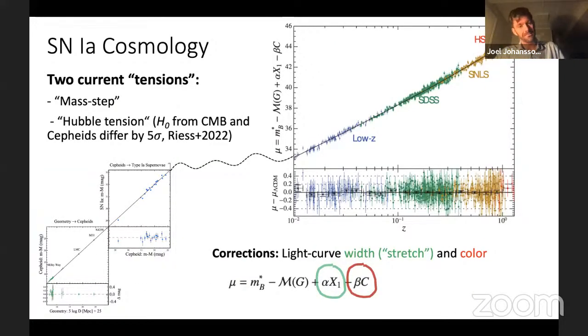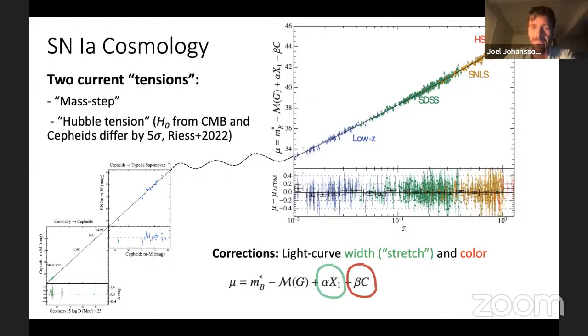Okay, so then we observe a bunch of supernovae and we find them at different redshifts, and we measure their corrected distance modulus from the supernova. This is what we call a Hubble diagram. In this upper right figure, it's not the latest state-of-the-art Hubble diagram, but I think it's the prettiest, the best looking one.